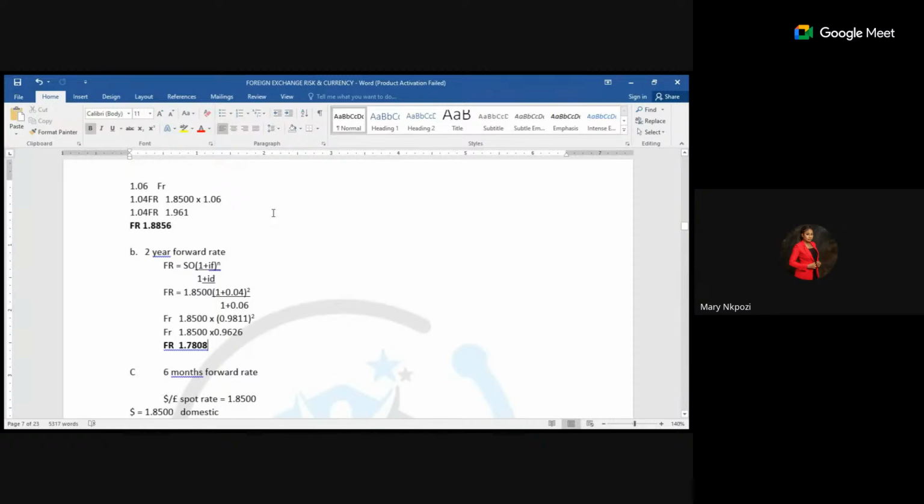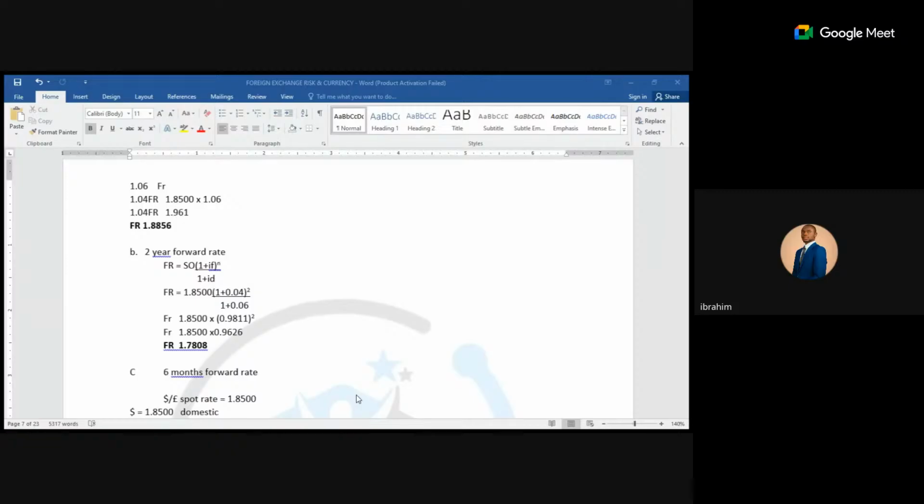For the 2 year forward rate, if you don't want to raise to power, you can use the 1 year forward rate as the base, and you still get the same result.